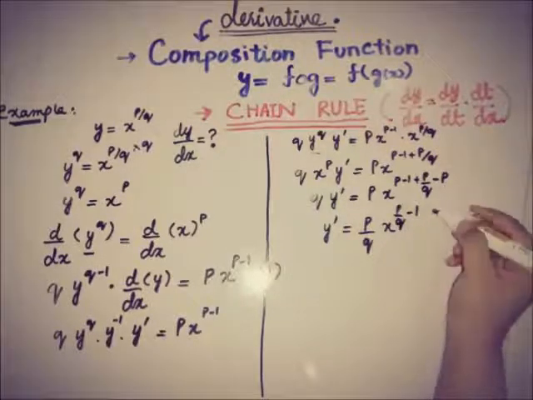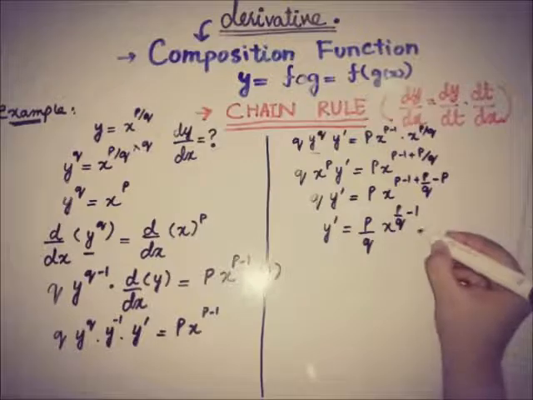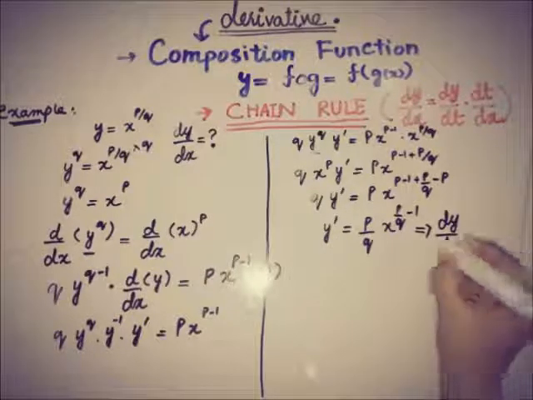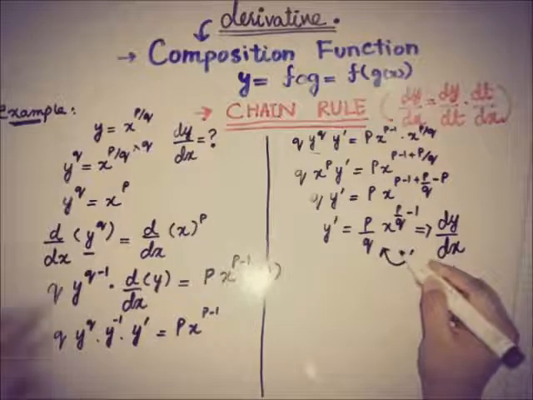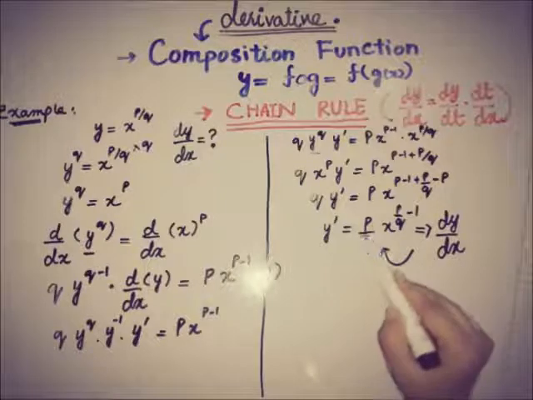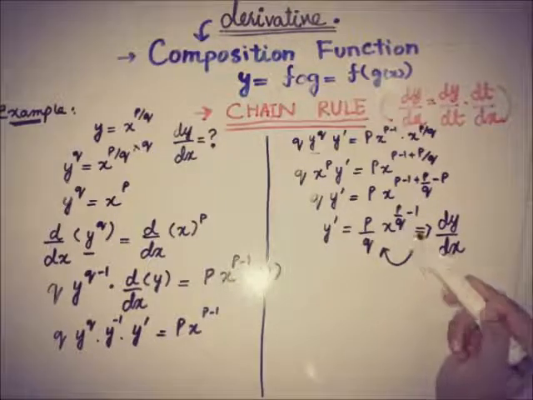This and this will cancel out with each other, and eventually this is the rate of change of y with respect to x of this function, that x to the power p by q, that is p by q x to the power p by q minus 1.